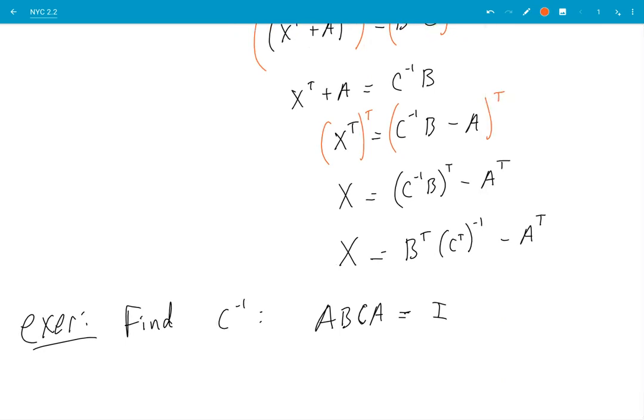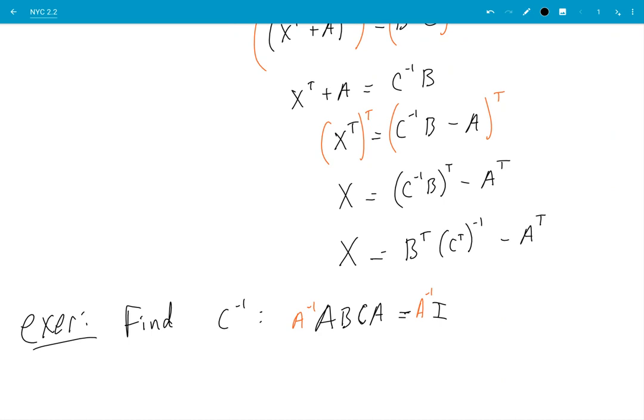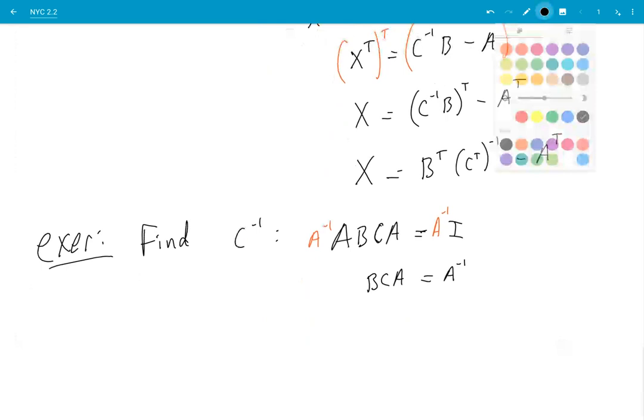What I would do is I would go A inverse here. So that means A inverse here. So giving B C A is equal to A inverse. Then what?